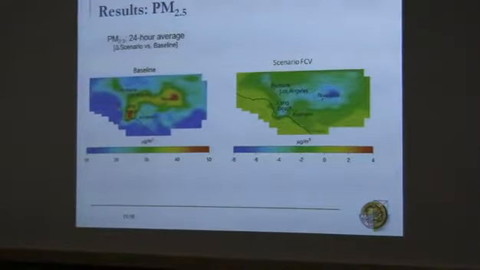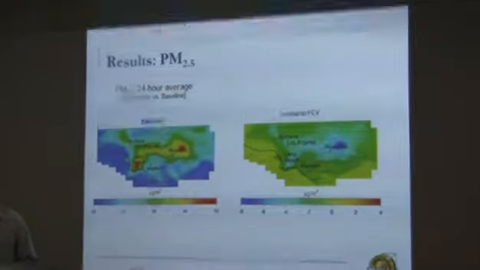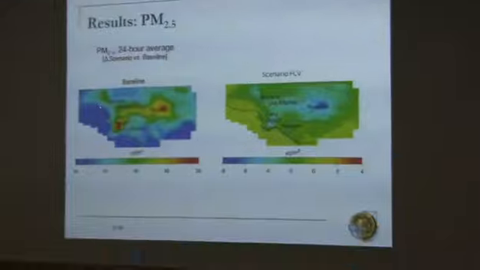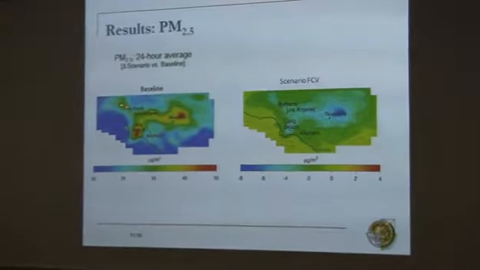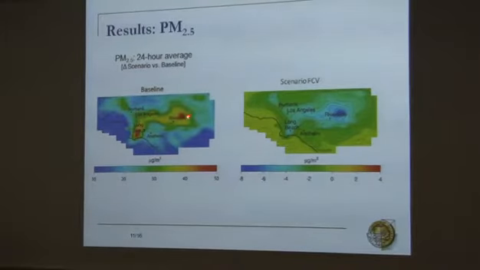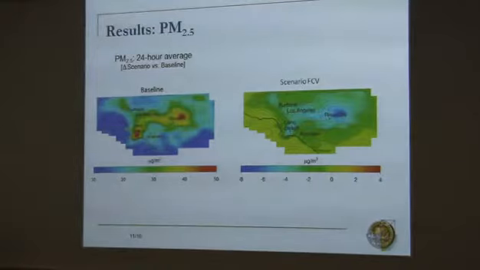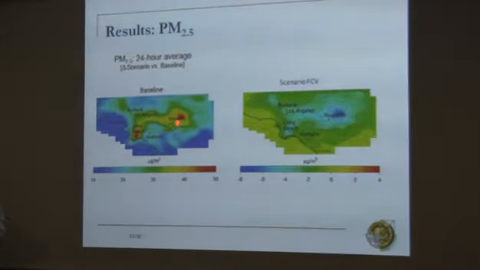So let's look at PM. What happens in PM in our scenario? Well, here is the baseline scenario. These are absolute particulate matter values, and we see that there are two major peaks here in Southern California. We talked a little bit briefly about these peaks in the previous lecture. It has to do with nitrate dynamics.